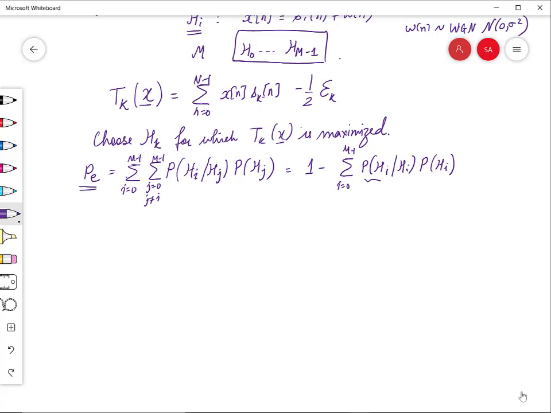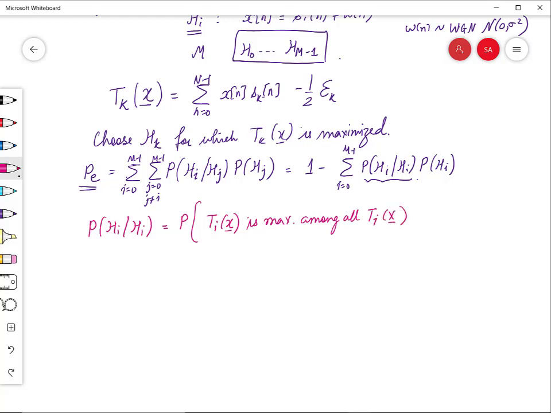Now let's see this part more closely here. So let's see this probability of Hi given Hi here. What is this? This is the probability that my test statistic Ti of x is maximum among all Tj of x, given hypothesis Hi is correct.